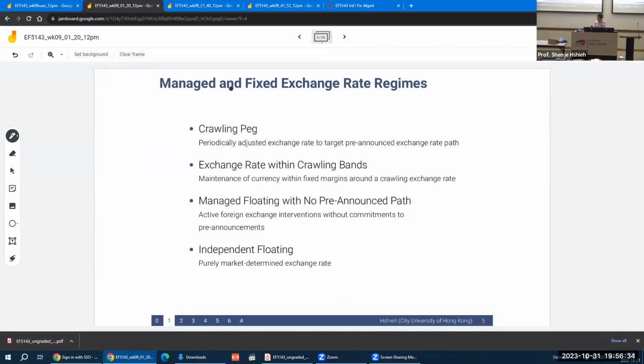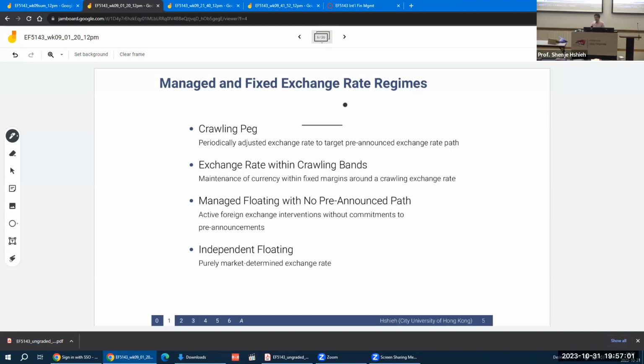All right, so let's talk about some others. A crawling peg is a peg, but it has a step path over time. Let me give you an example of what it looks like. Perhaps for 2 years, it has a fixed exchange rate at this level.